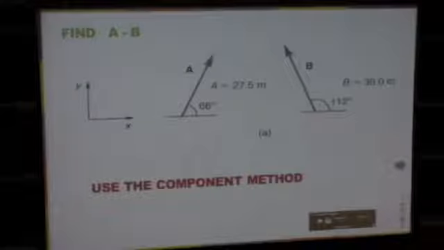Let's not use the component method. Not this time. Let's use the definition. So a minus b. That is literally a plus opposite b, or negative b.